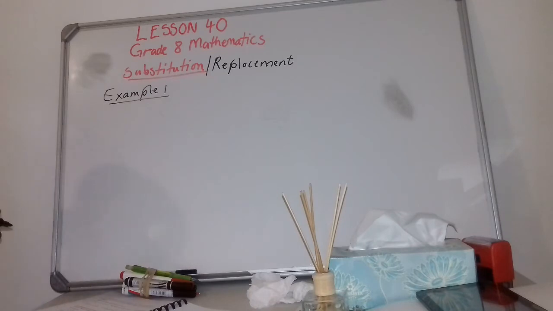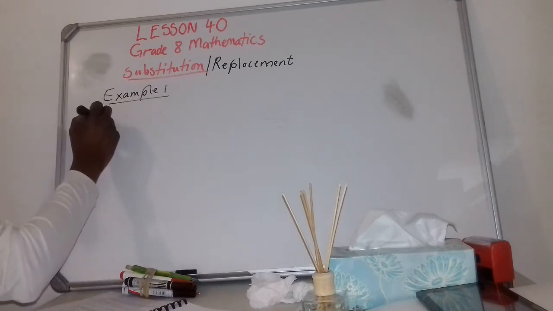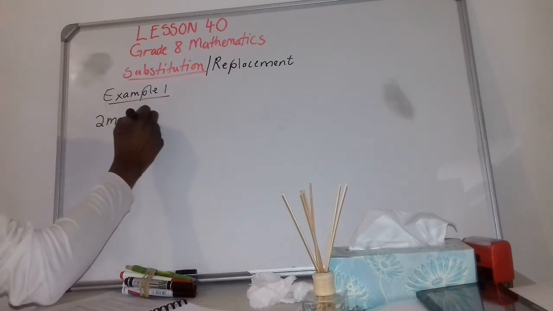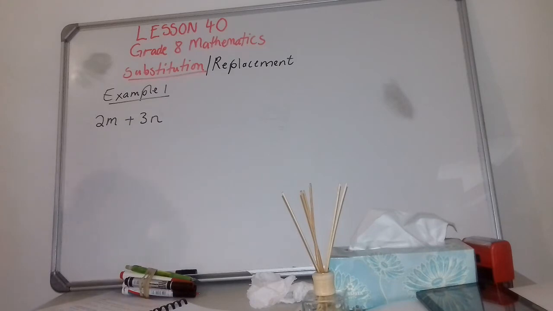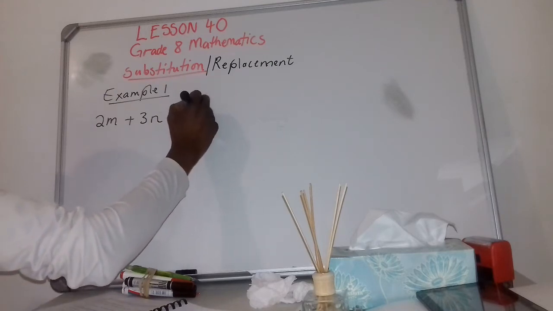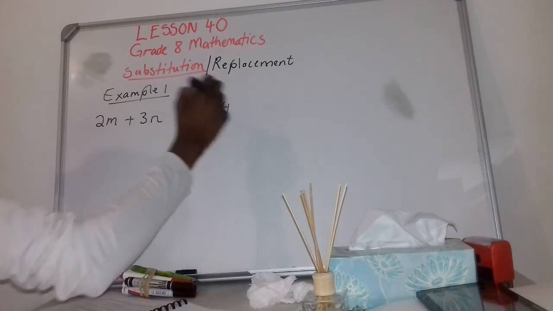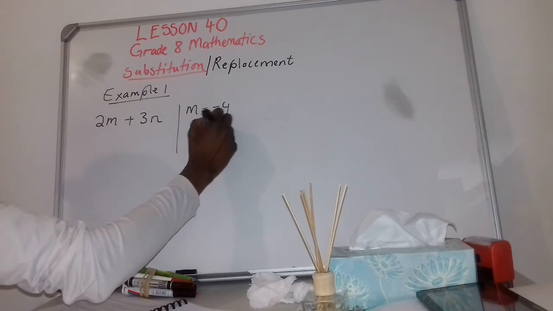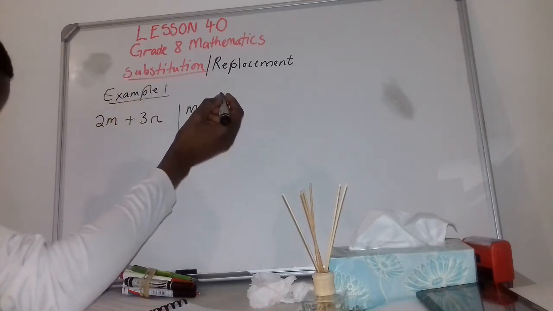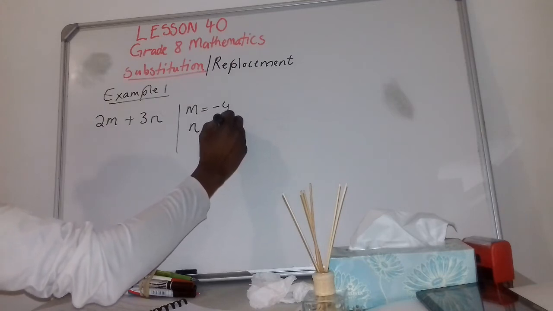So you're given 2 times m plus 3 times n. You're given 2 terms and you are told that m is equal to -4 and n is equal to positive 5.